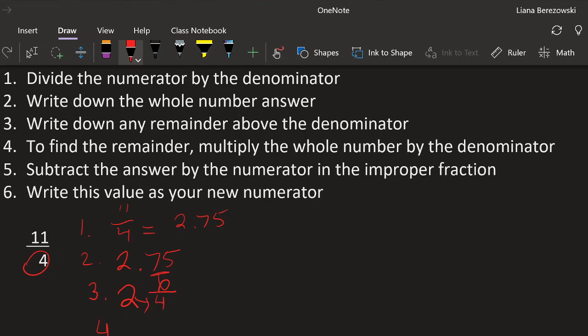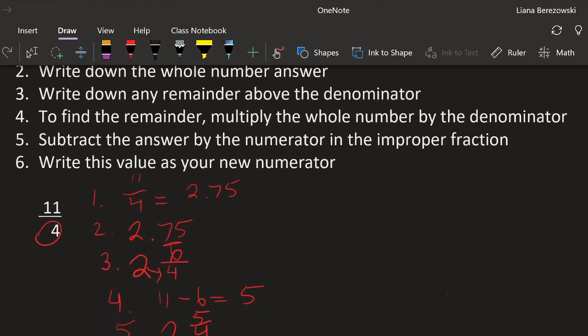Okay, so the numerator in the improper fraction is 11. So 11 minus 6 is going to give us 5. Okay, and write this value as your new numerator. So new numerator is going to be 5. So our answer is going to be 5 over 4.